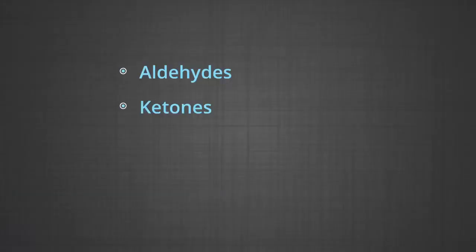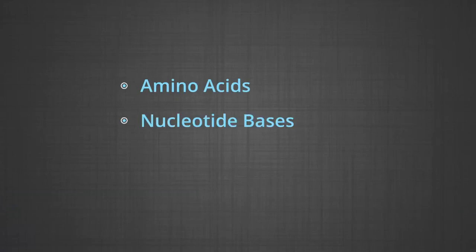If organic, they can be sugars, amino acids, fats, oils or nucleotides. From a chemistry point of view, one can identify functional groups also, like aldehydes, ketones, aromatic compounds, but from a biological point of view, we shall classify them into amino acids, nucleotide bases, fatty acids, etc.